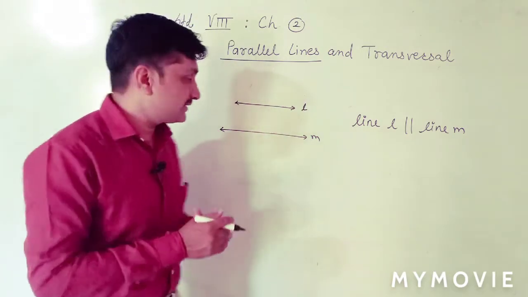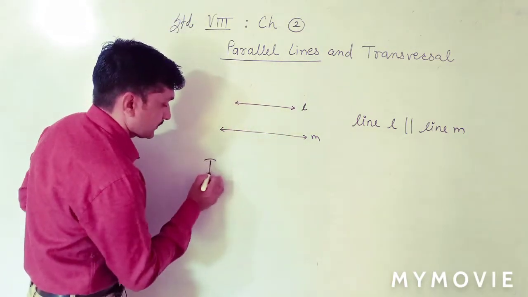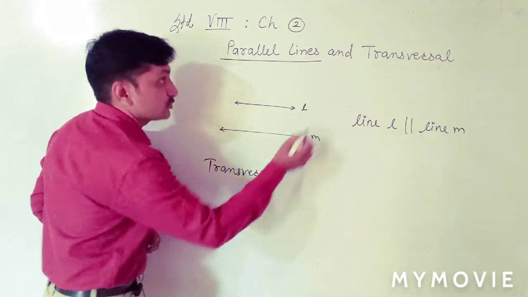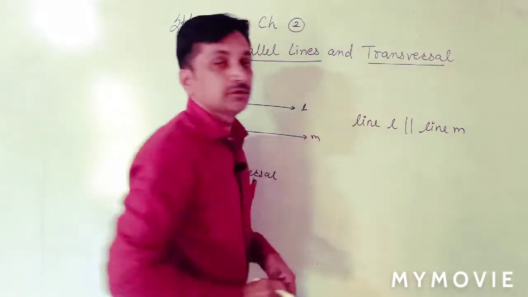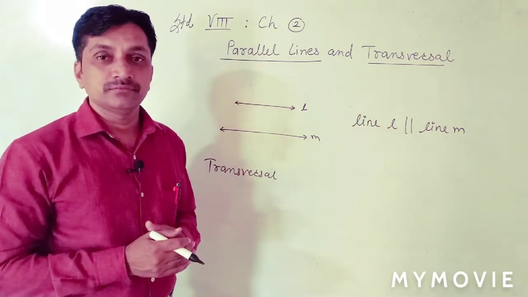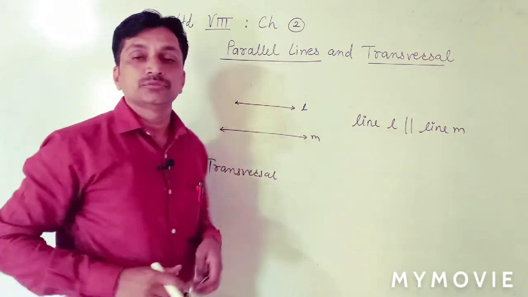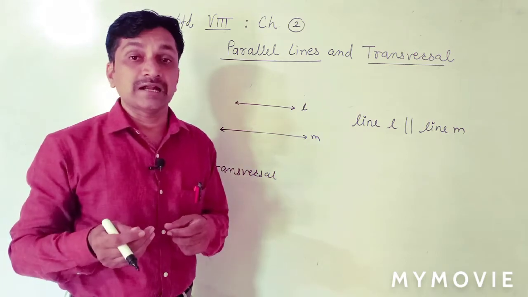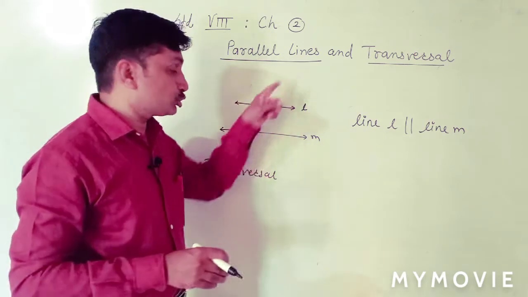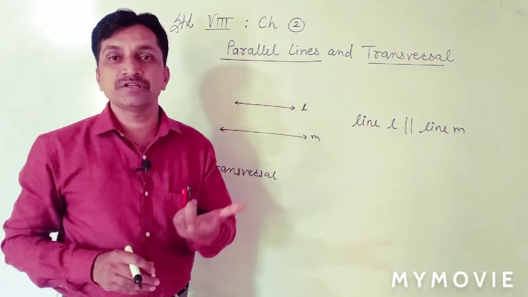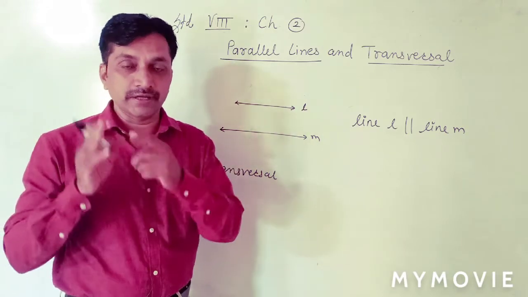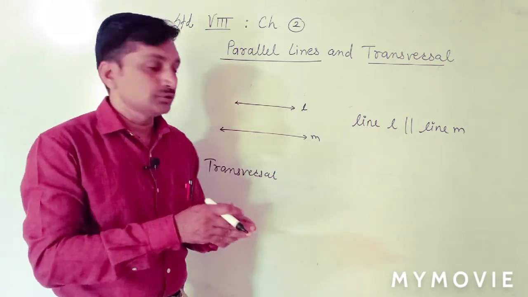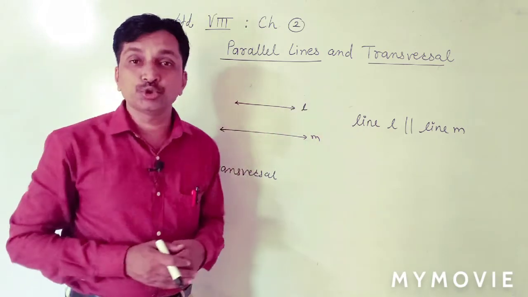Next point after that is transversal. Now if two lines are given anyhow, and one more line intersects both of these in two distinct points, that line is a transversal.